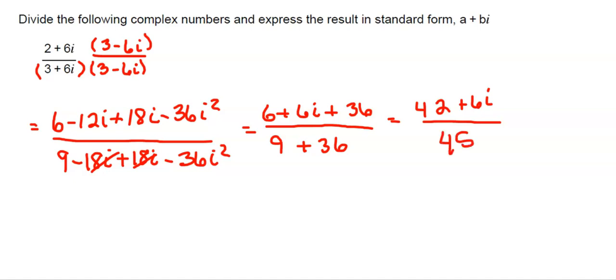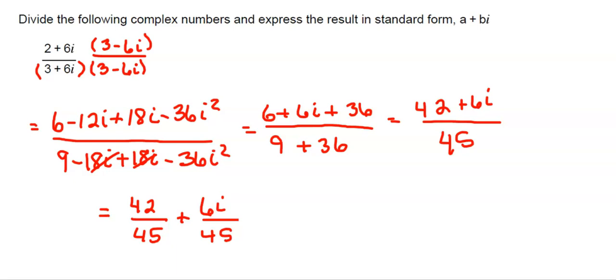Now we'll write that as two terms, since we have that common denominator. So we have 42 over 45 plus 6i over 45, and now let's simplify the fractions. First fraction, we're looking for a common factor.